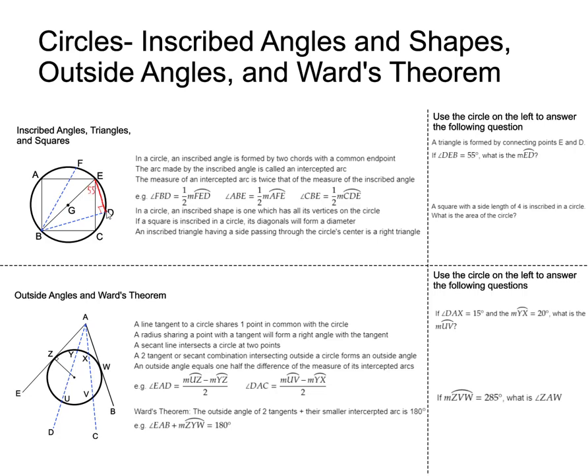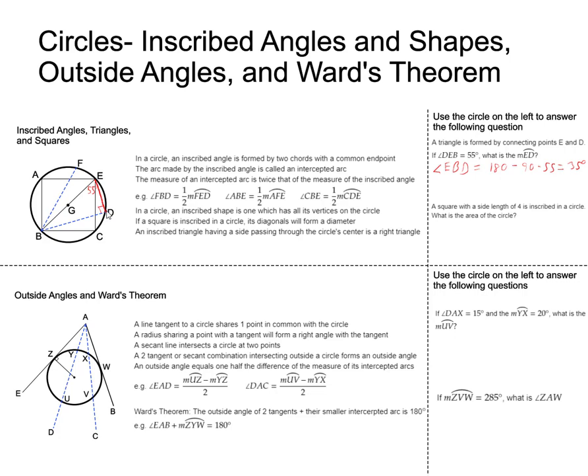From that, we can figure out that angle EBD has to be equal to 180 minus 90 minus 55, or 35 degrees, because the three angles in a triangle have to be 180 degrees.